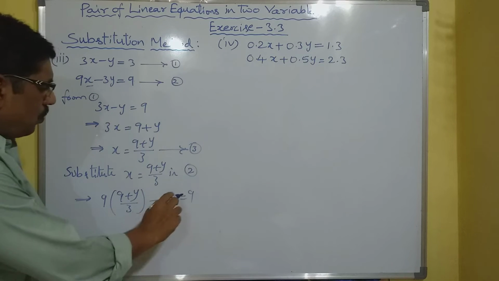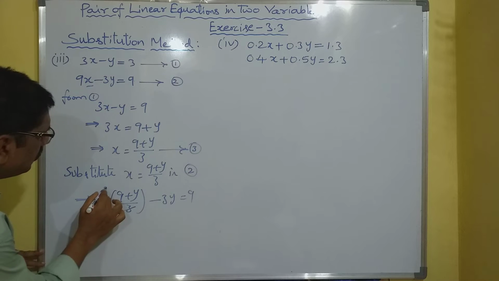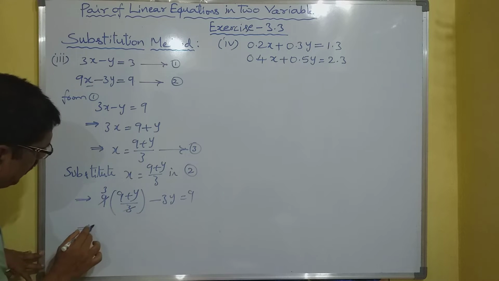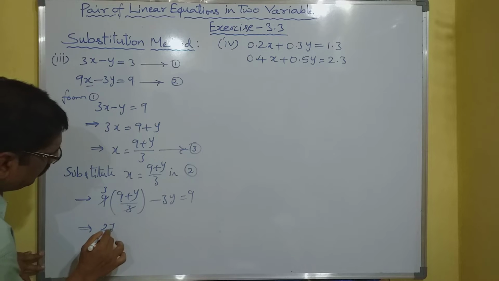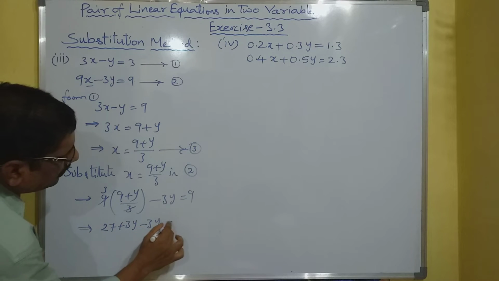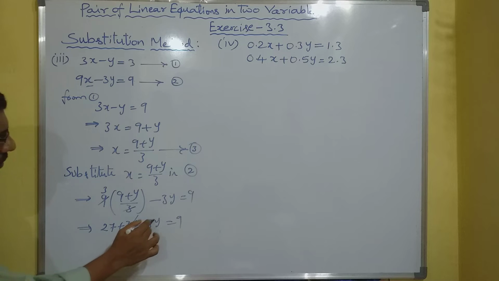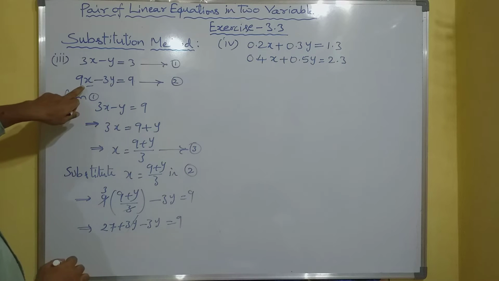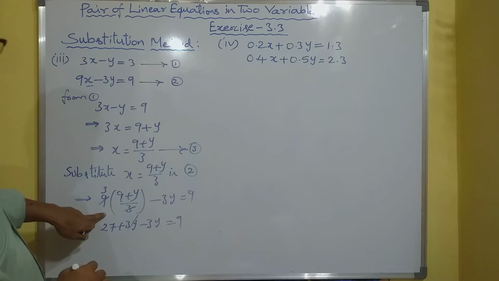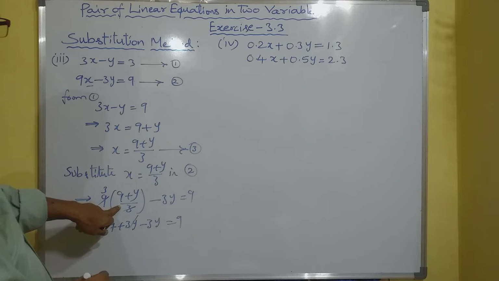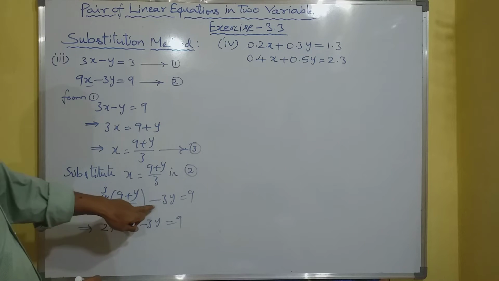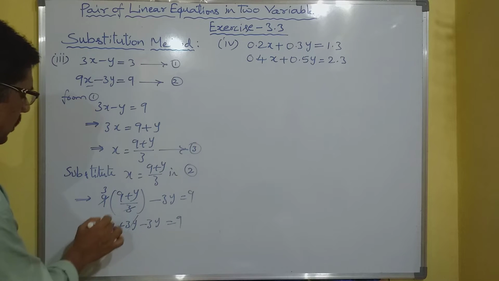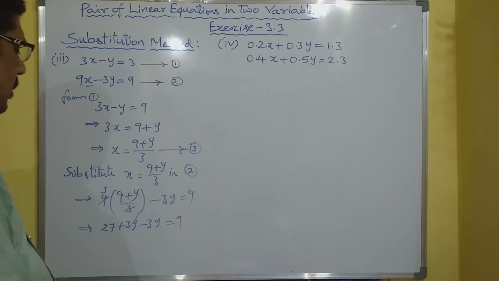Okay, let us solve y from this. Now 3 3's, so this implies 3 into y, 3 into 9 is 27 plus 3y minus 3y is equal to 9. Now plus 3y minus 3y we can cancel. Then we get 3 9's are 27 plus 3y minus 3y. So we get 27 is equal to 9.